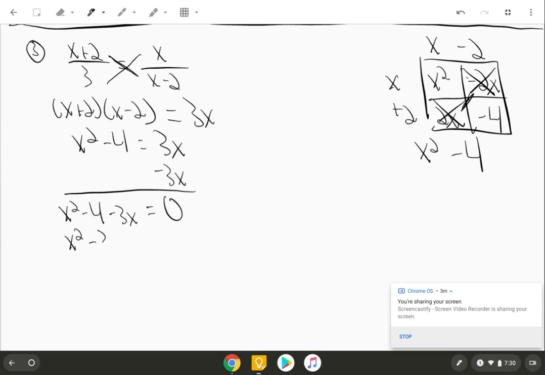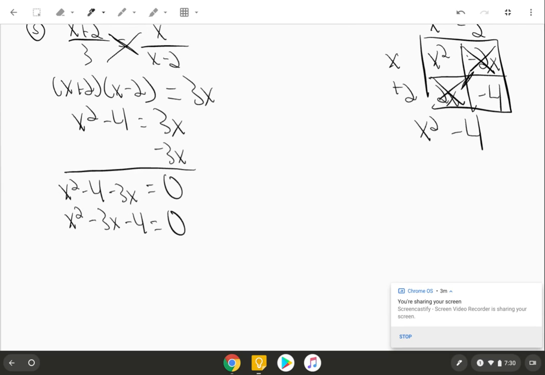So I can rewrite this as x squared minus 3x minus 4 equals 0. That is completely mathematically legal, all right, as long as the signs are the same. I just switched the order. So that gives me x squared minus 3x minus 4 equals 0, which is in a form that we know.